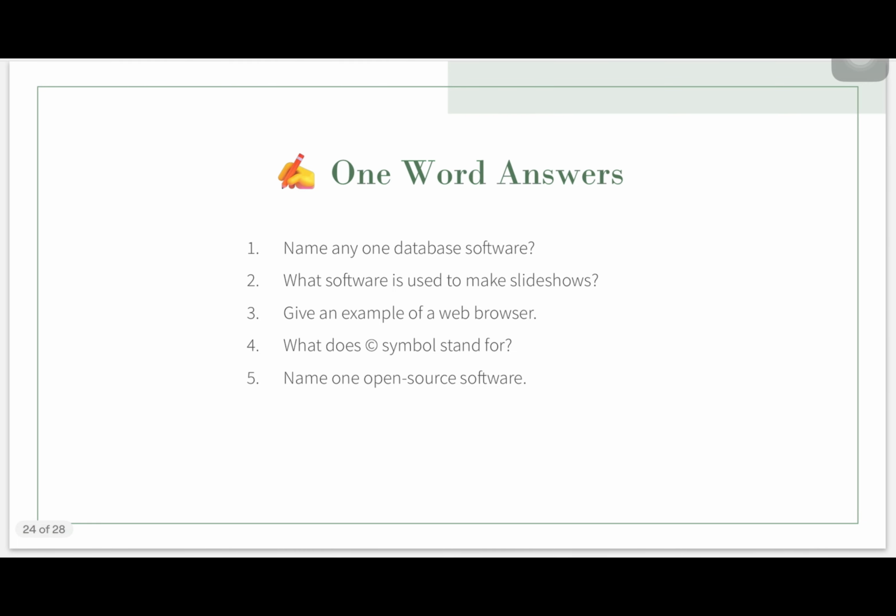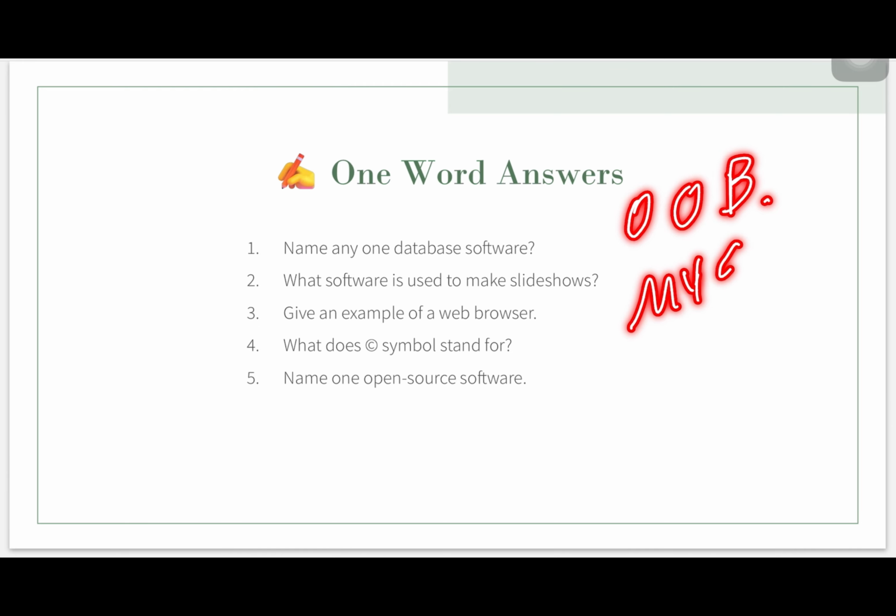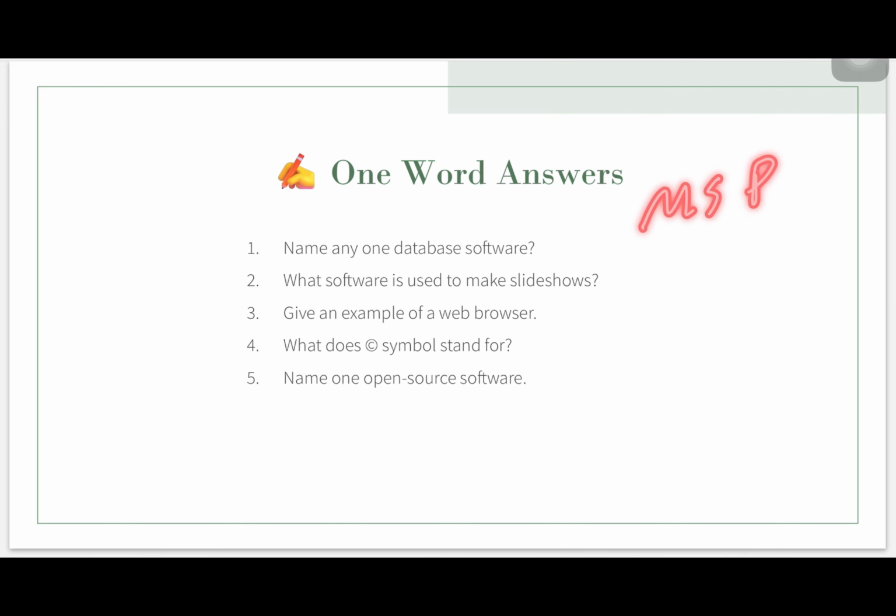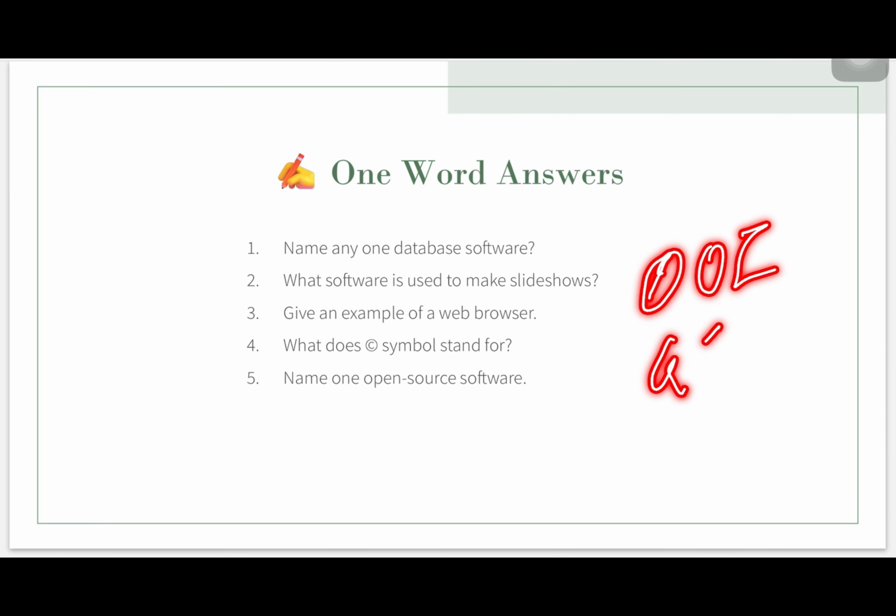Right? Now, one word answer. Name any one database. OpenOffice Base also. Then MySQL. Right? Then what software is used to make slides? Which software? Those are known as presentation software. For example, MS PowerPoint, OpenOffice Impress or Google Slides.